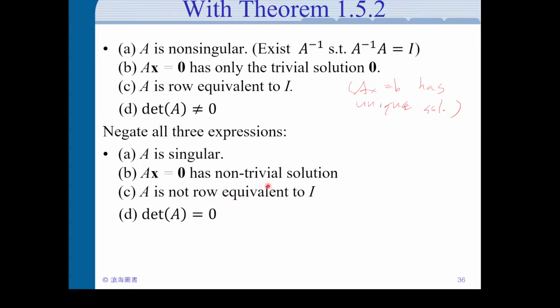And A is not row equivalent to I, and using this a little more, we see that this means that the reduced row echelon form of A has a row of 0. Okay, and finally this is equivalent to determinant of A equal to 0.